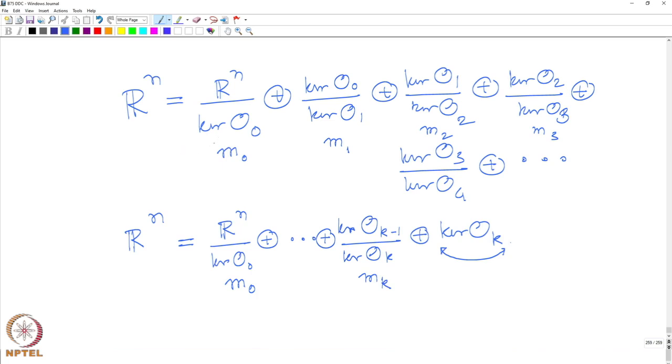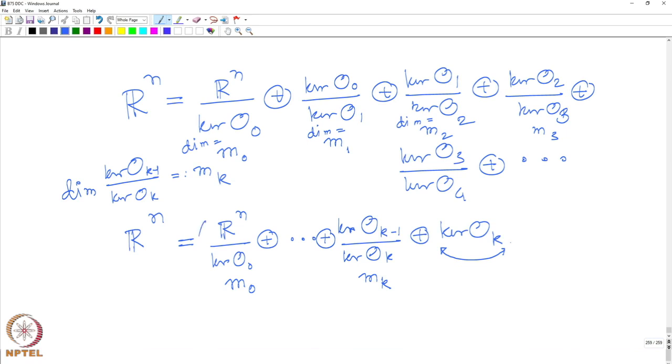These are the dimensions: dimension equal to M0, dimension equal to M1, dimension equal to M2, and so on. So let me write explicitly that I am defining dimension of kernel of O k minus 1 by kernel of O k to be equal to M k.